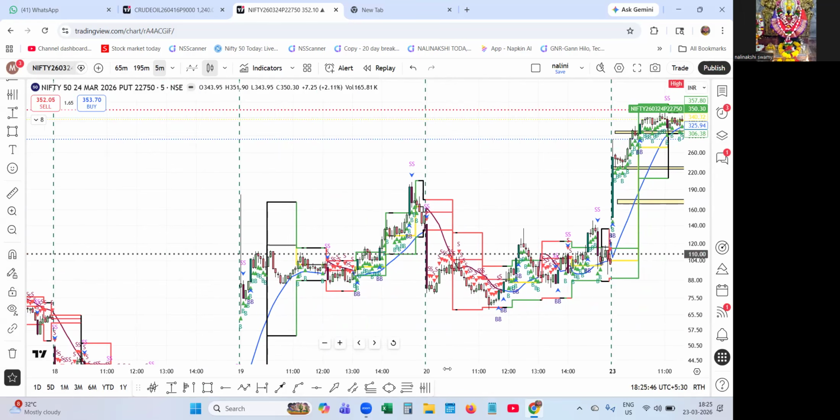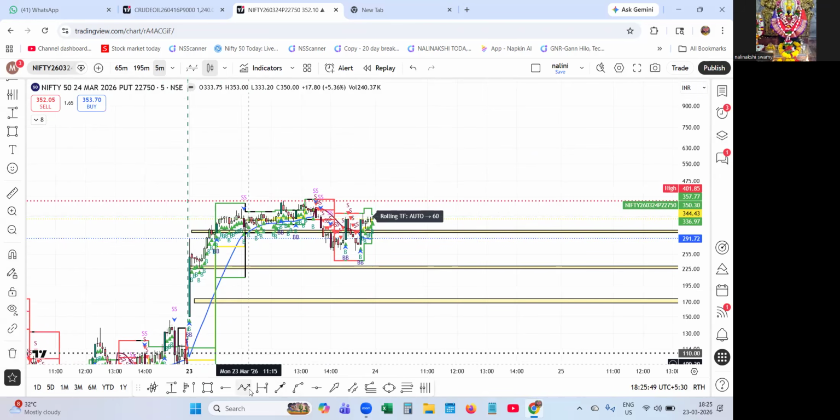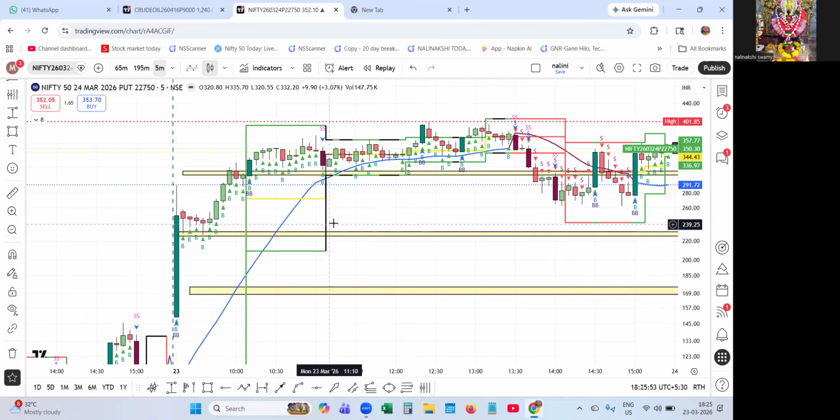Here, what happened? Let me go there. This was your pivot, 229. This was your resistance. Even if you would have taken it above 310 also, you would have made money.